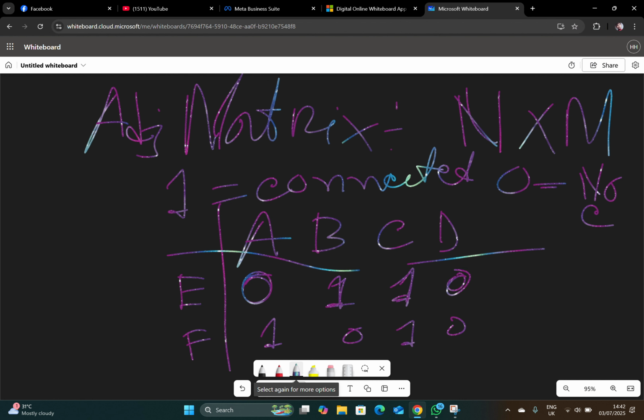And in the second row, A and F have a connection, B and F have no connection, C and F have a connection, and D and F have no connection. It takes low space and fast access.